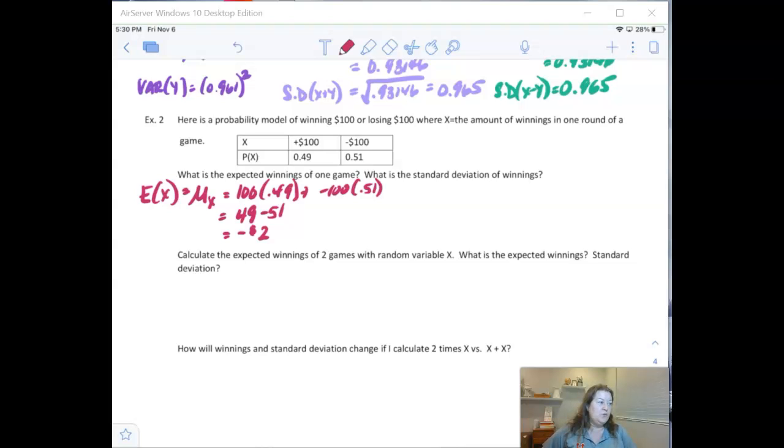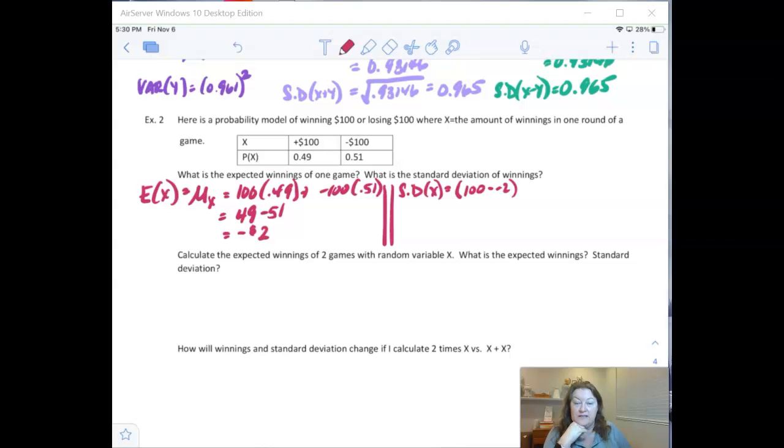Okay, so here's where it would have been better if I would have just gone and put this into my calculator, but just as a quick reminder, let's go do this one the hard way as well. Okay, so if I want to find the standard deviation of X, it's always whatever the X is. So my first one was a positive 100 minus whatever the average or expected value is. So that's minus a negative 2.